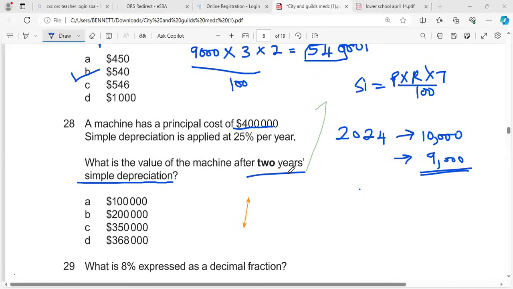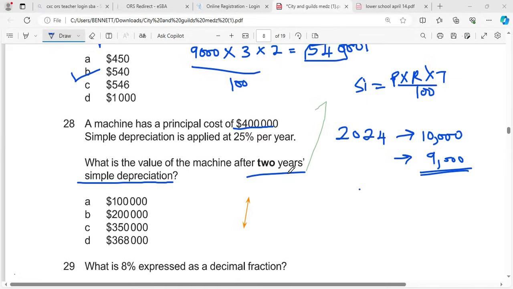Okay, so I'm supposed to start now. The question says you're supposed to find the simple depreciation that is applied for two years. This is just to find 25% of 400,000 for 2 years.